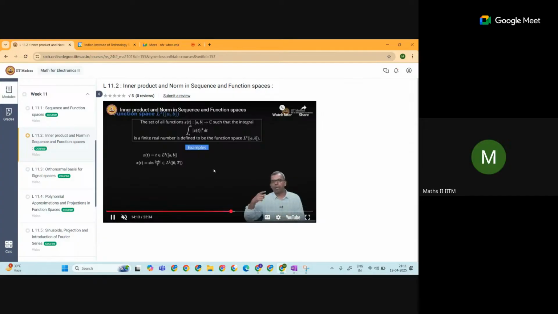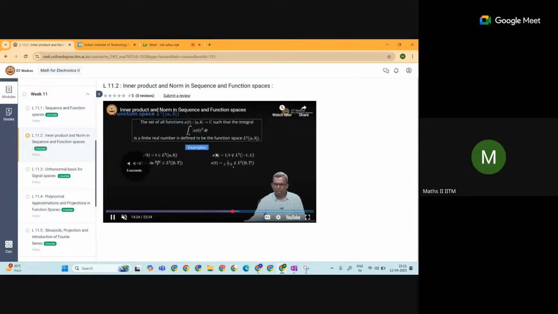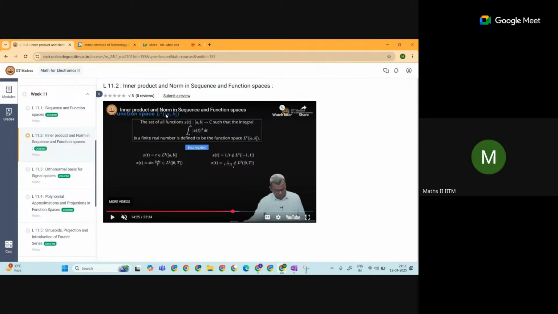Here we are going to look at the function space. Function spaces are spaces which contain functions, but a very specific type of function, meaning it is integrable within some interval. So function space L2, where the domain is a to b.